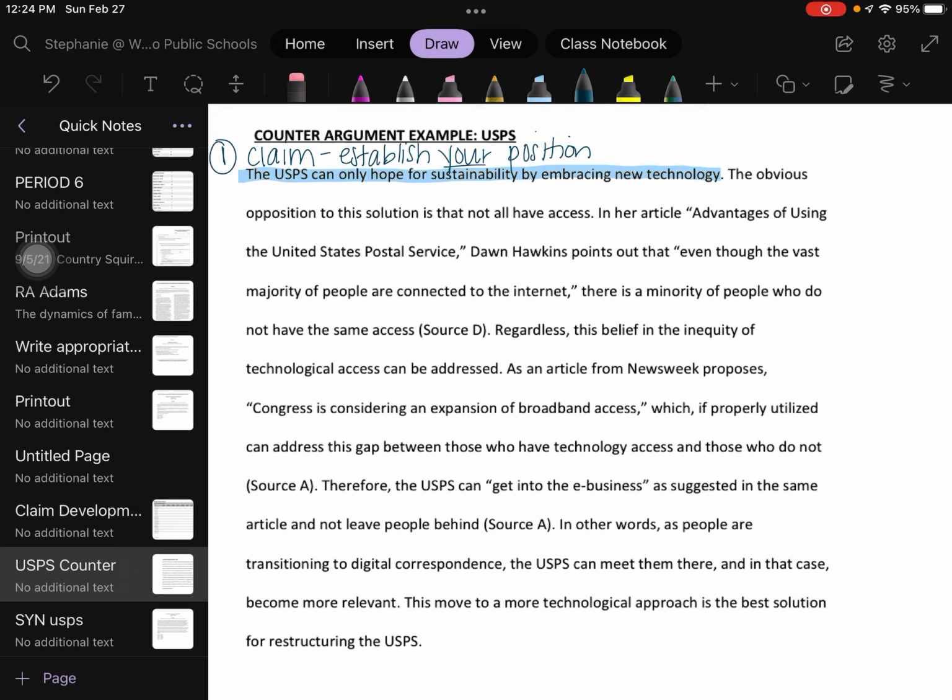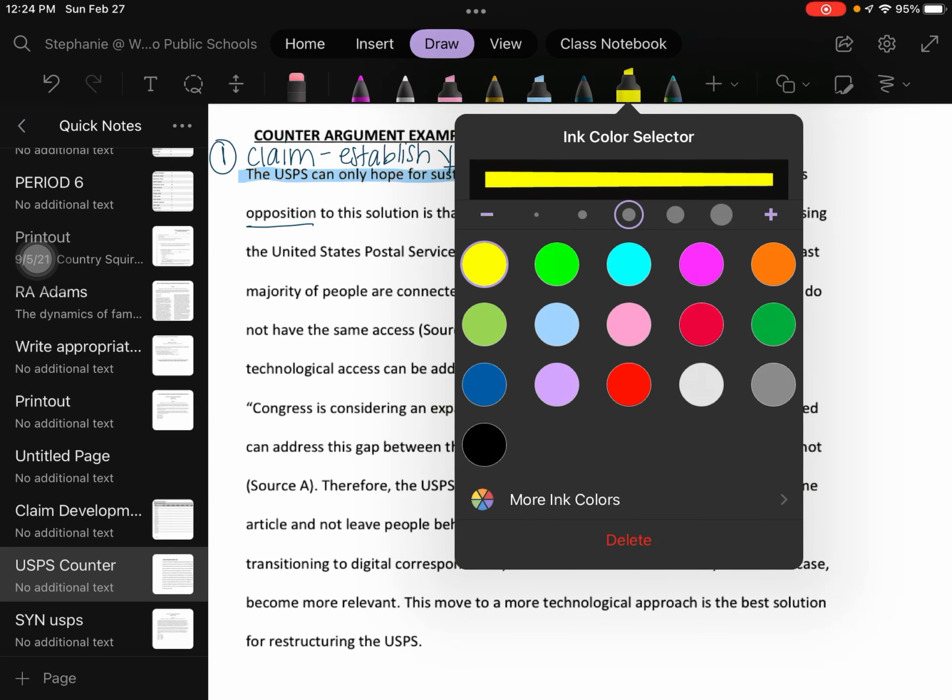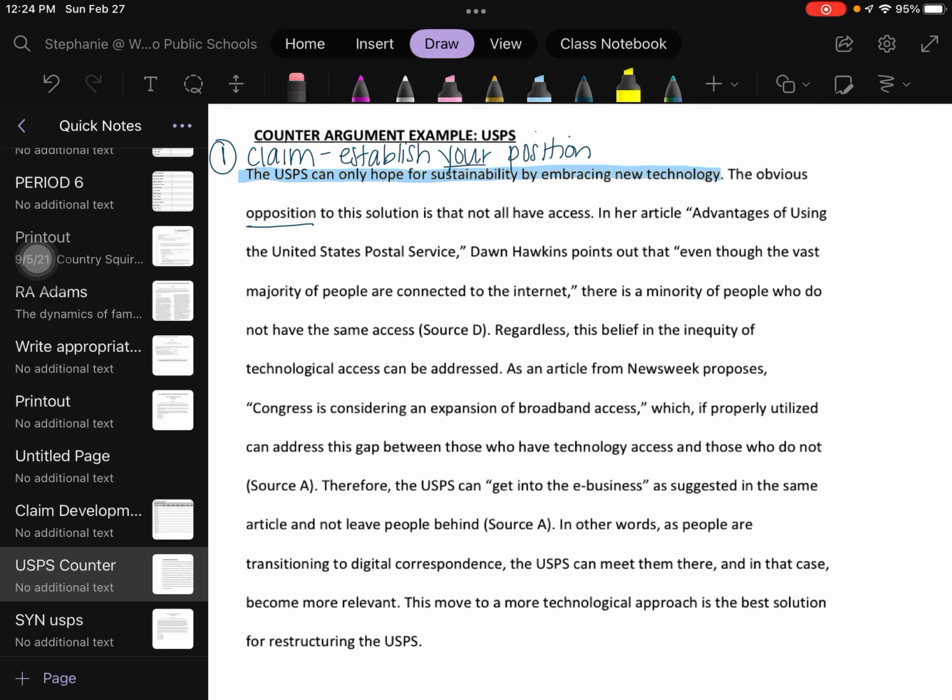Now, if you notice in the next sentence, it goes into this idea of opposition. So to highlight what is happening here, I'm going to use yellow. And it says, the obvious opposition to this solution is that not all have access.